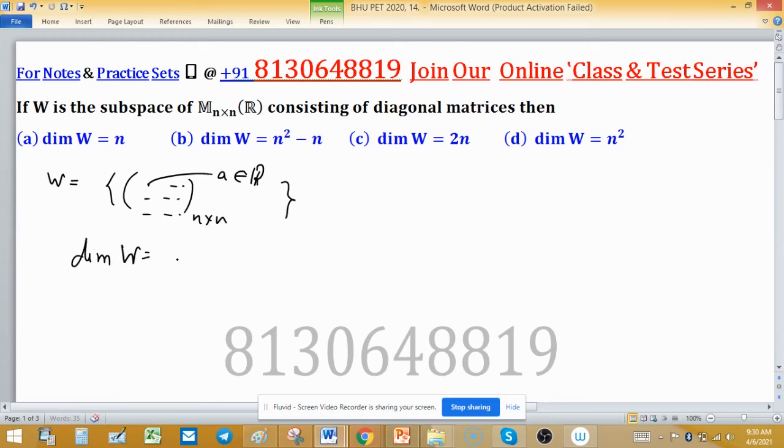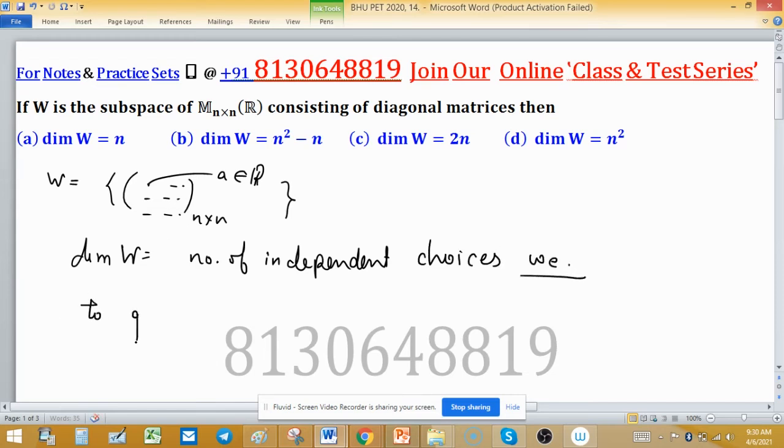In short, you can understand dimension as the number of independent choices we have. Meaning, to generate an element of W, how many independent choices do we have?